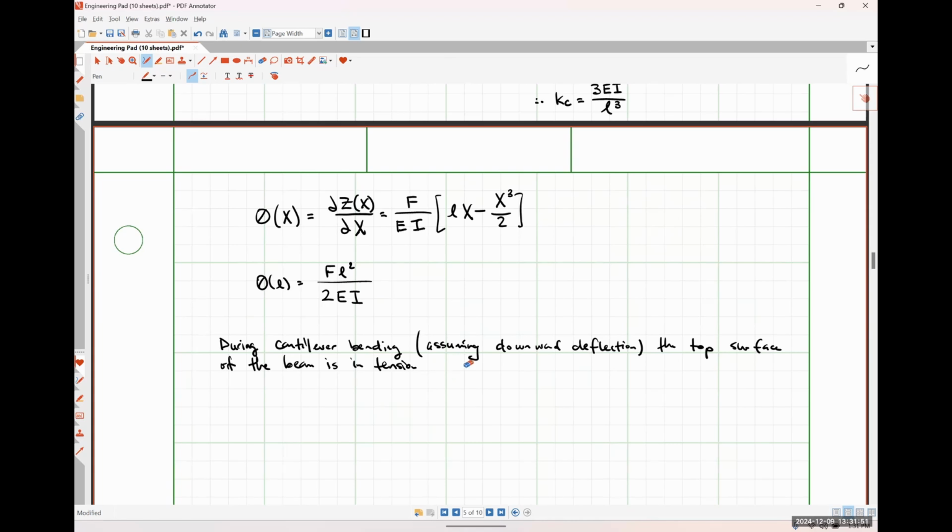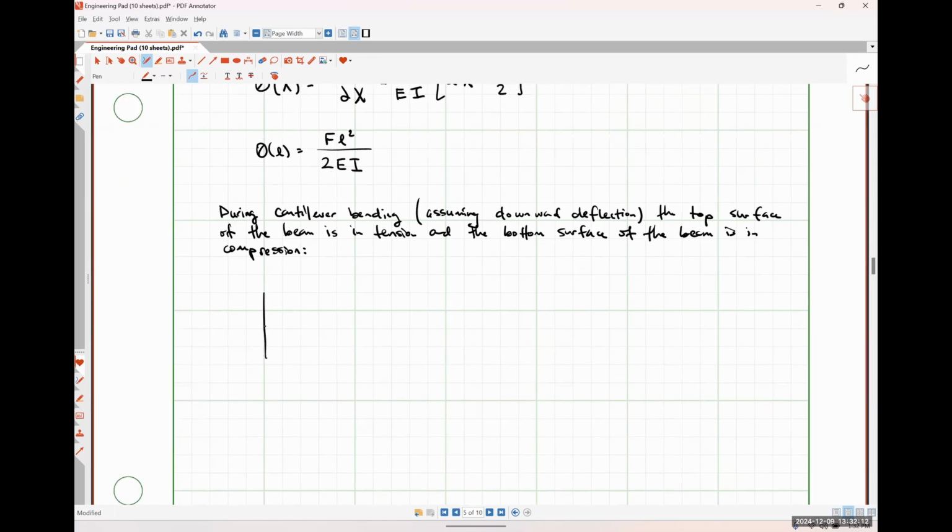And the bottom surface of the beam is in compression. So something akin to this, right? So here's the z-axis. This is what's going on close to the anchor point.